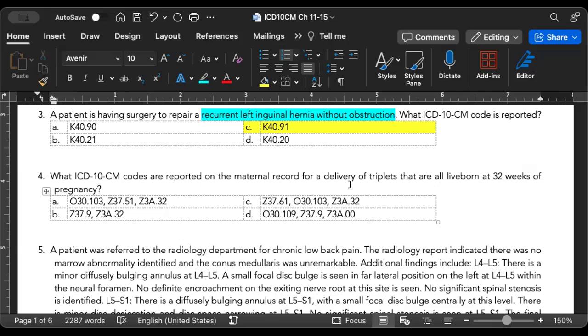If you can't remember the number of weeks for each one of your trimesters, if you flip to the very beginning of your chapter 15 codes, then you have a note at the very beginning that indicates your first trimester, your second trimester, and your third trimester with your corresponding weeks. So if we are 32 weeks pregnant, which trimester will we be in? Third. Yep. So our code for the triplet pregnancy for third trimester is O30.103.